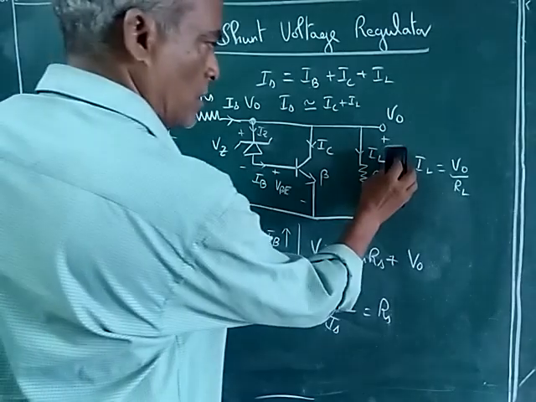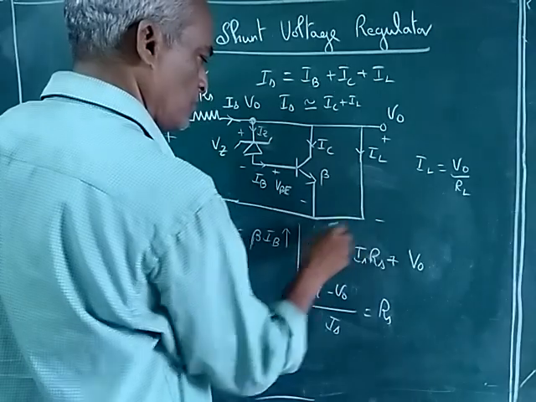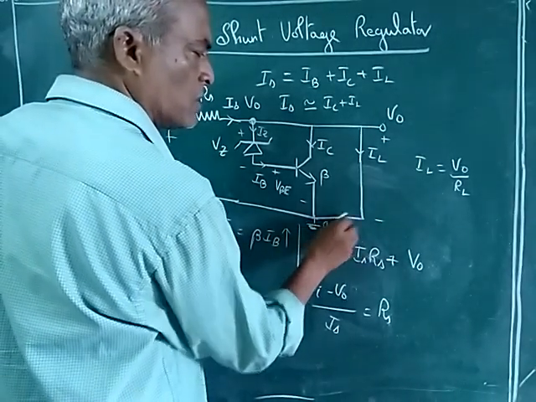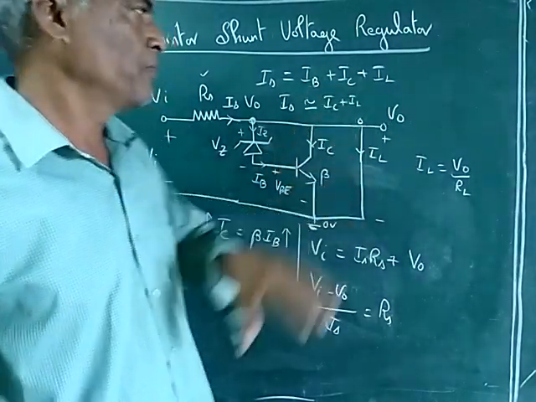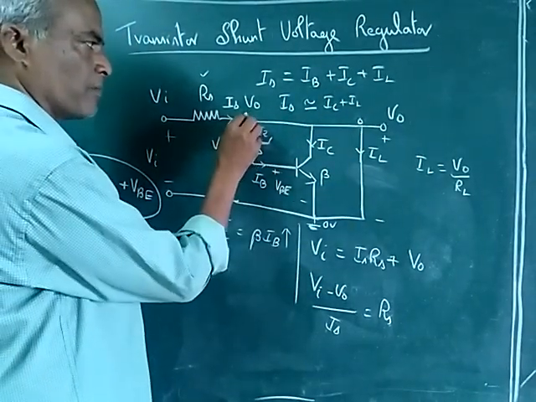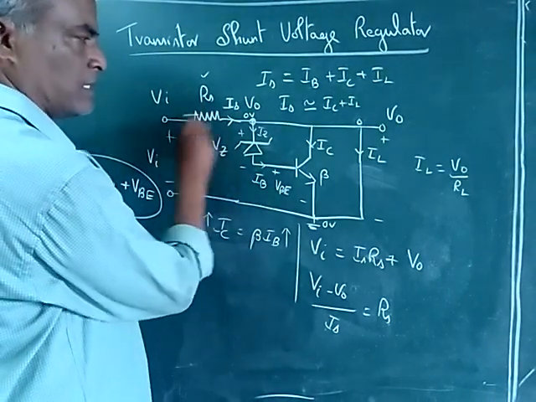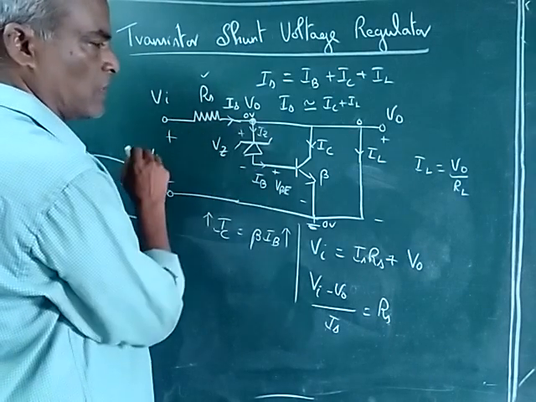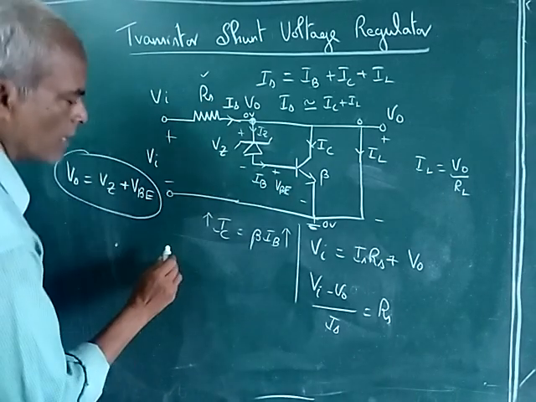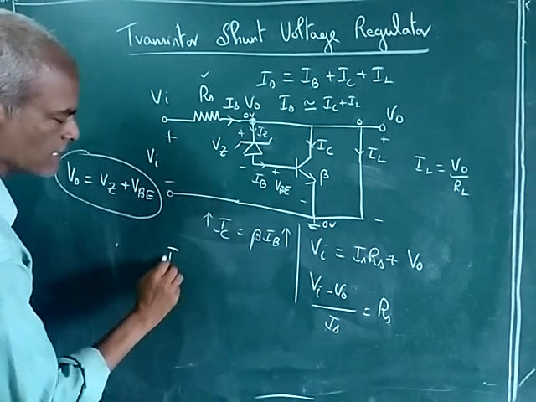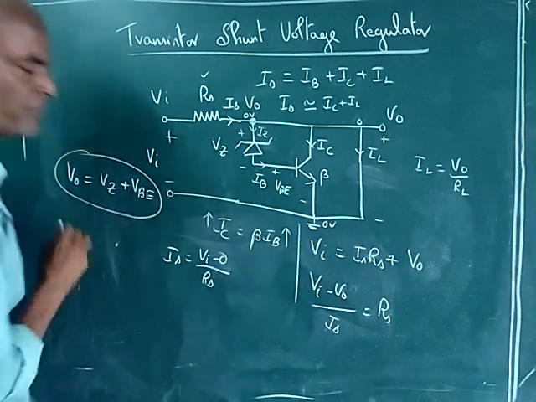Assume it is shorted. So what happens? Now this is short circuited. Of course this point is 0 volts, so the first observation is that Vout is 0. This same 0 volts will come here. Now the maximum current flowing here will be IS, and IS is equal to (Vin minus 0) divided by RS.